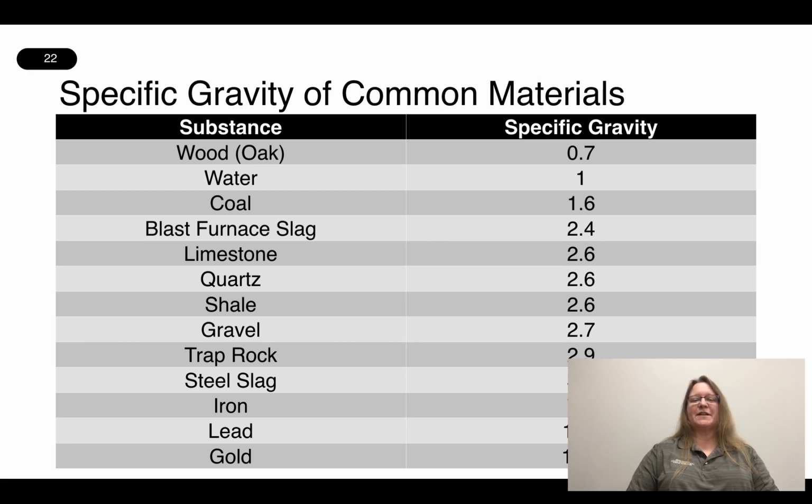You can see 0.7 here on this chart, and lead or gold is considerably heavier than water, so it would sink very quickly. So you can see here kind of how the different materials shake out, and some of the materials we see here: limestone 2.6, and steel slag 3.5. So all these materials have much different specific gravities.